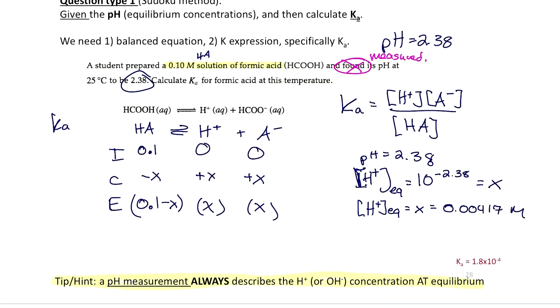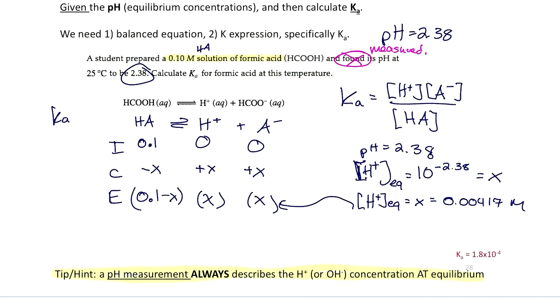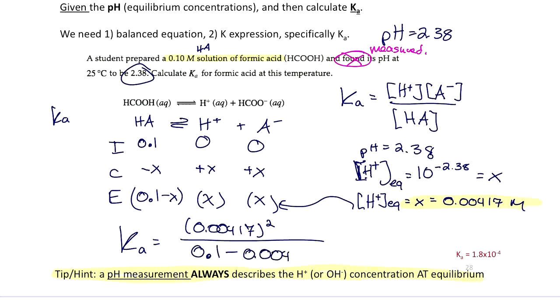All right, and so we just plug those values into our equilibrium line and shove it into our K expression. So that's the hint that you needed. Ka is equal to 0.00417 squared over 0.1 minus 0.00417.